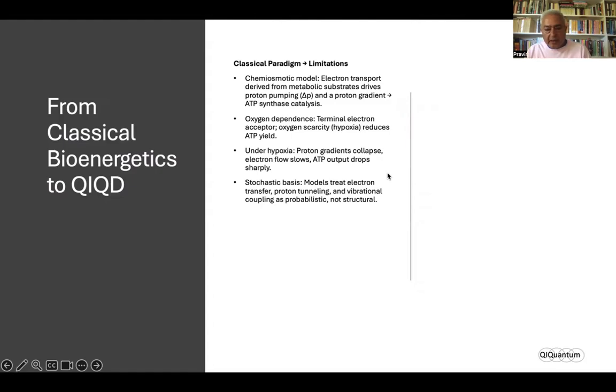There's also a stochastic basis. So all models treat electron transfer, proton tunneling, and vibrational coupling as probabilistic, not structural. And there's also an assurance gap. There's no guarantee of reproducibility or lawful stability under stress.